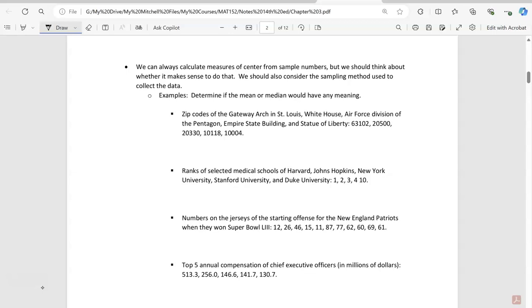Well, even though zip codes are numbers, zip codes are actually categorical data. So if I take these categories that are represented by numbers and I find the mean or the median, it's not going to have any kind of meaning because it doesn't measure anything.